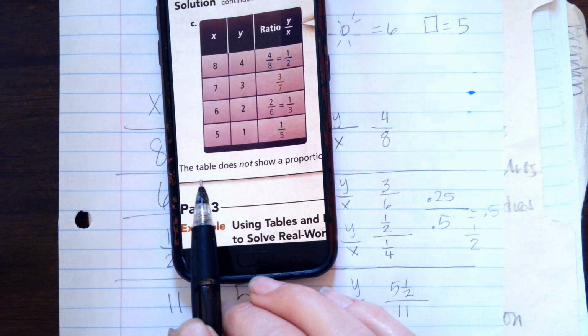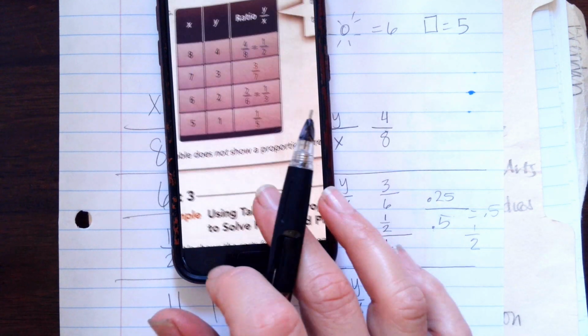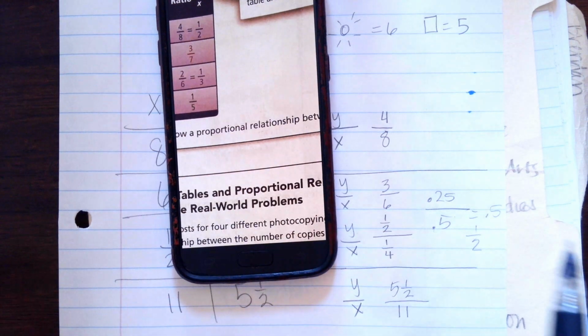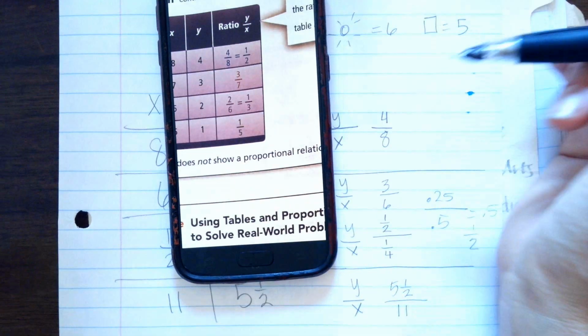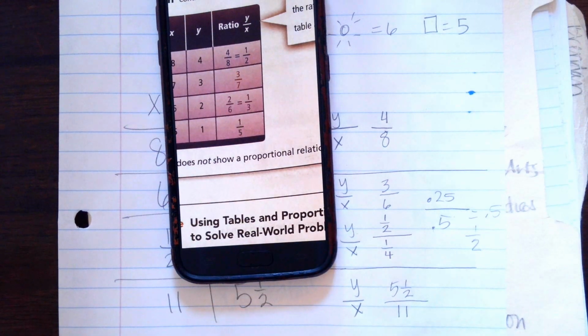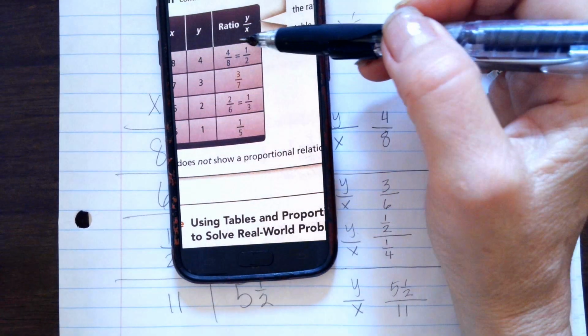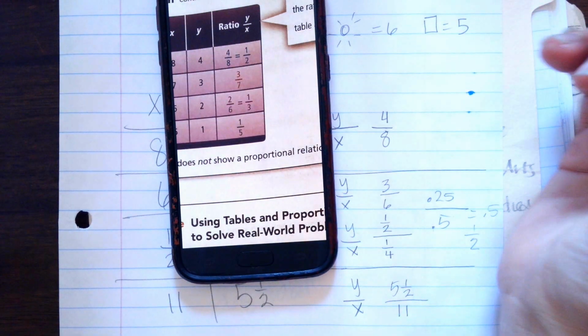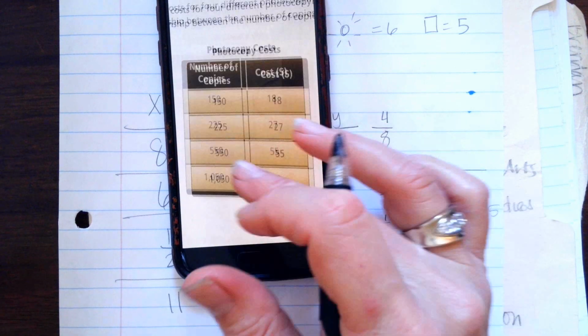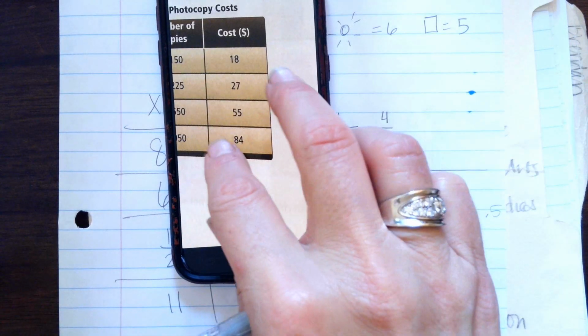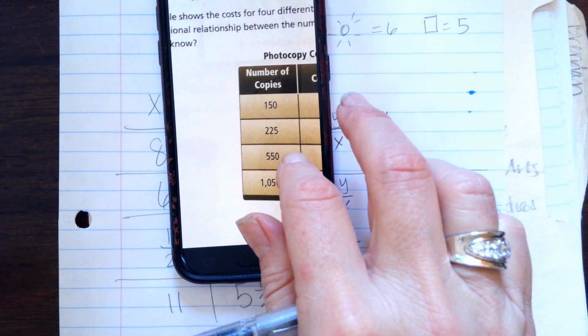Therefore, the table does not show a proportional relationship. So when you figure it out, all of these numbers are the same. It shows a proportional relationship. When they do not, it is not a proportional relationship. Does that make a little more sense? Kind of? Yeah. Okay.